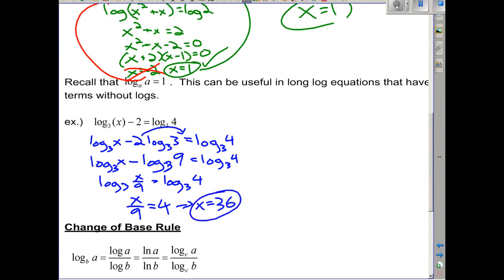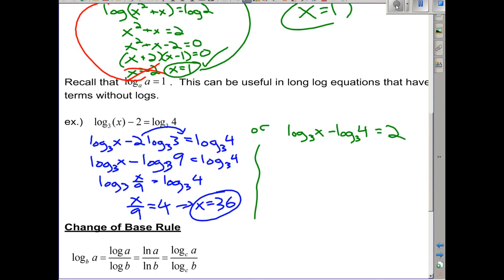Okay. An alternate approach for these kinds of questions, if that doesn't work well for you, would be to put all your logarithmic terms on one side and put your regular numbers on the other. So you'd have log base 3 of x. I'm going to move that log base 3 of 4 over by subtracting it from both sides, and I'm going to add 2 to both sides. So I've just rearranged it in this format.